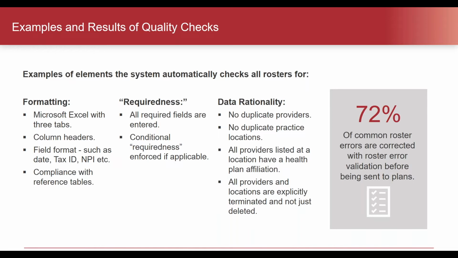What we found through a survey of our existing plans and groups is that 72% of the common errors they were experiencing prior to the CAQH ProView for Group solution have now been prevented with these quality checks. So we're already preventing 72% of the data quality issues from flowing downstream into provider directories and otherwise within the plan systems.